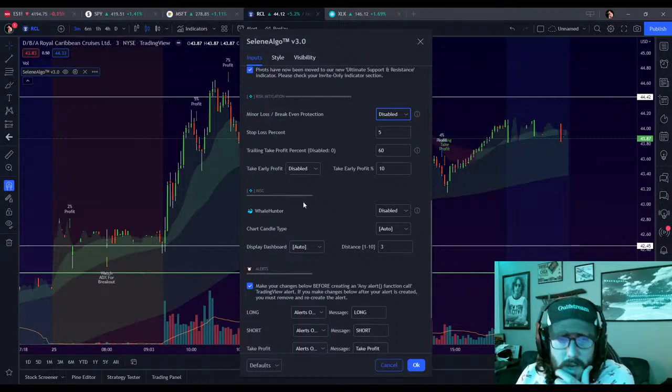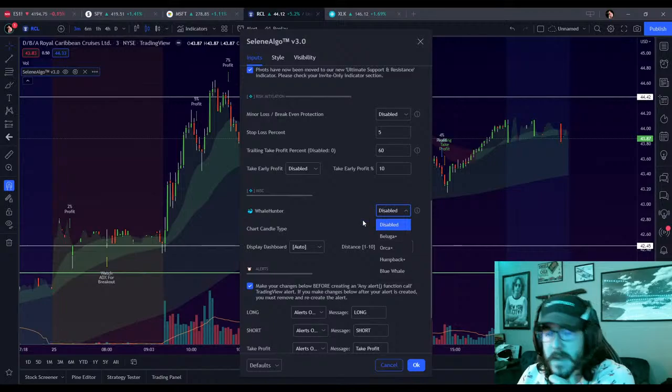For whale hunter, we can have 4 different whale hunters. Basically, whenever a large move is happening within a security based upon volume and price action direction, we are identifying sequentially what type of whale they are. So the bigger the whale, beluga, orca, humpback, and blue whale being the biggest, we'll be able to display that for you.